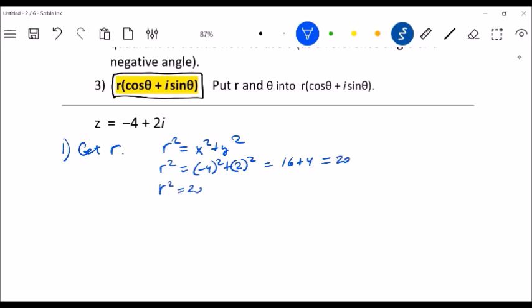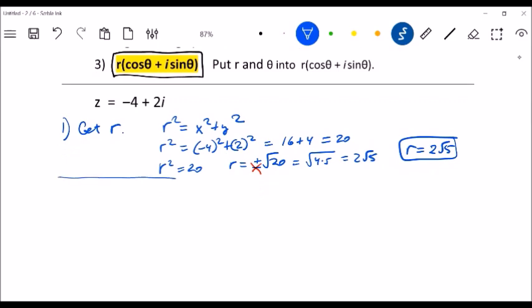Well, r squared equals 20 means that r equals plus or minus the square root of 20. We cannot use the negative because a distance, like a radius, cannot be a negative number. So what we will do is the square root of 4 times 5 is equal to 2 root 5. So the radius is equal to 2 root 5.